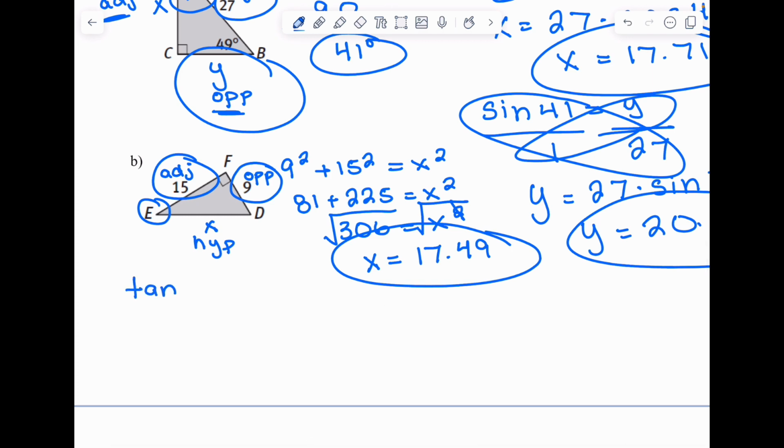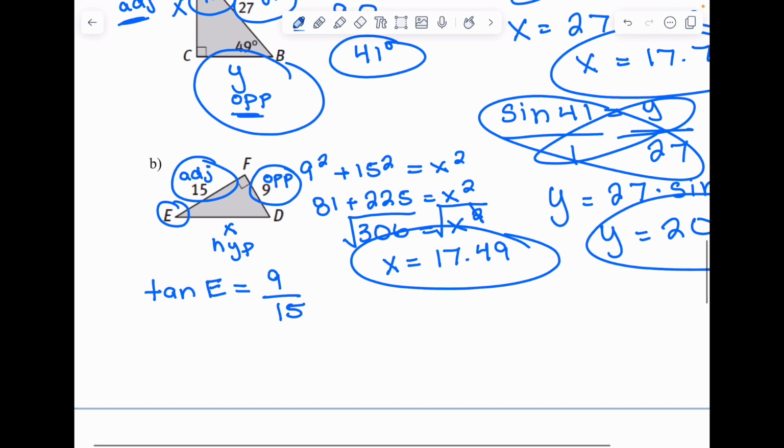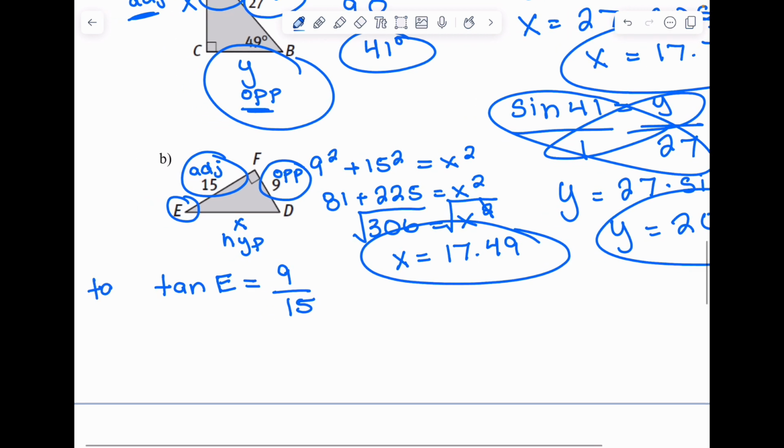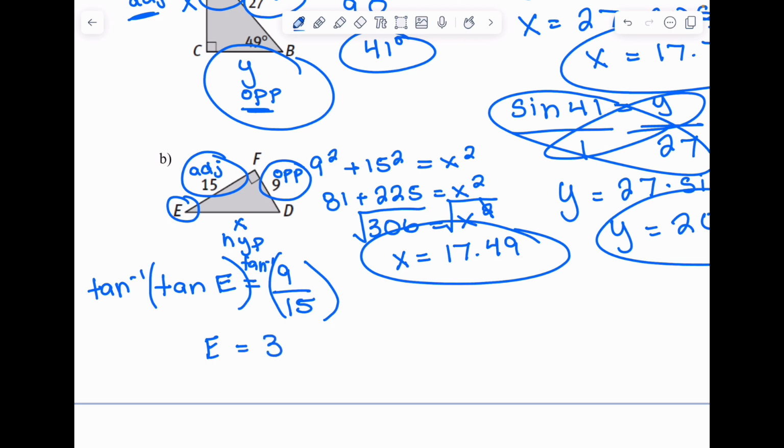So the tangent of angle E is equal to 9 over 15. And because I'm looking for an angle, I have to use inverse. So I'm going to inverse tangent both sides. And this tells me that angle E is 31 degrees when I round to the nearest degree.